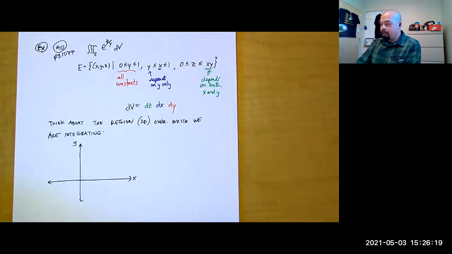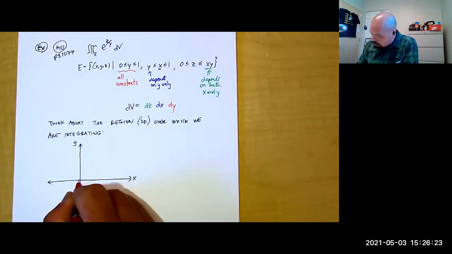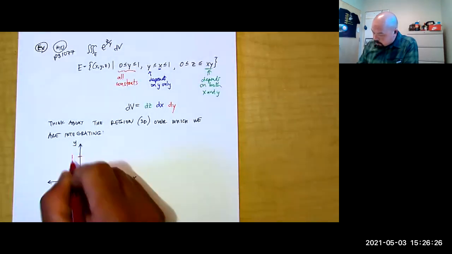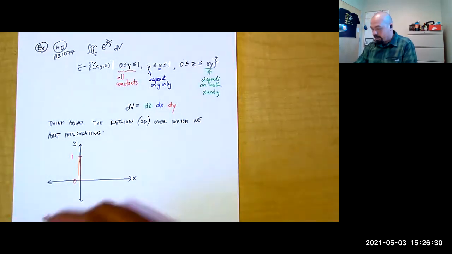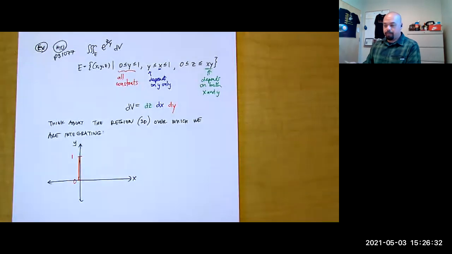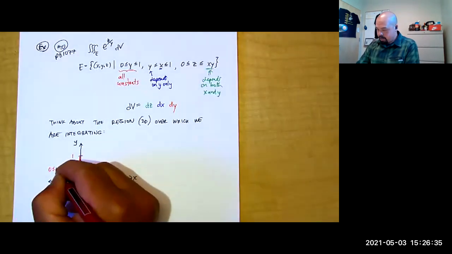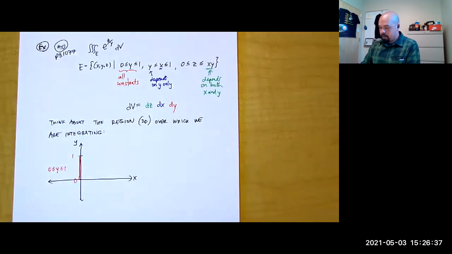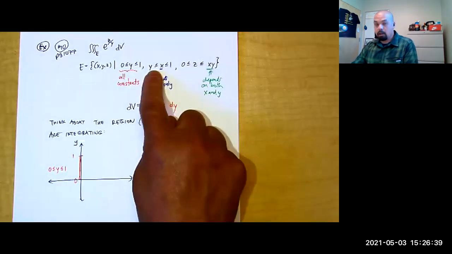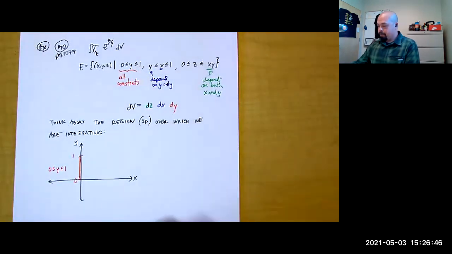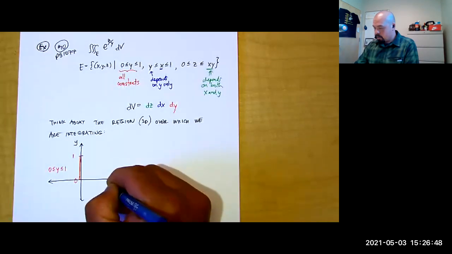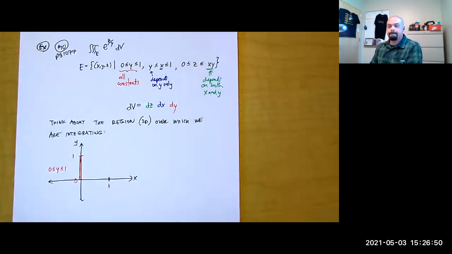I look at that region, well, y goes between 0 and 1. So there's my y. Y ranges between 0 and 1. Then x goes between y and 1. Here's 1 on my x, okay?